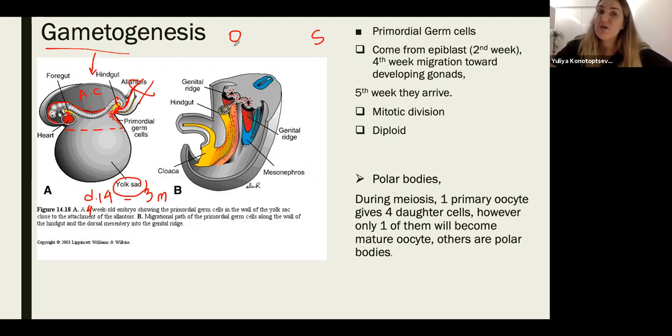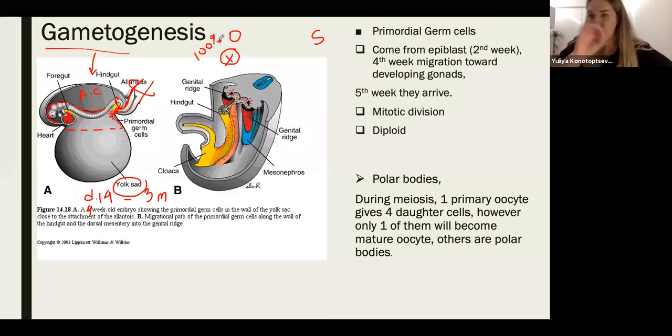So if you look at 100% of oocytes, each and every oocyte will have only one chromosome, which is X chromosome. So I repeat, every single oocyte on the planet has one chromosome, and that chromosome is X chromosome.